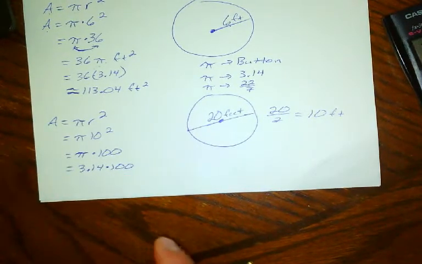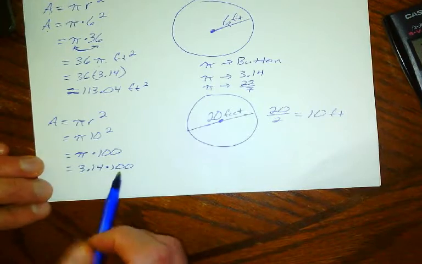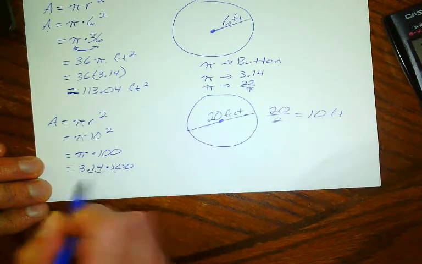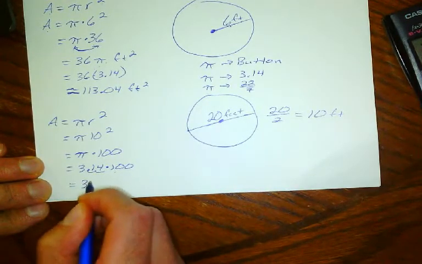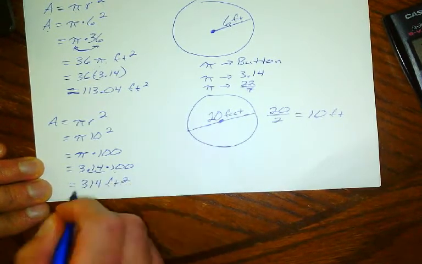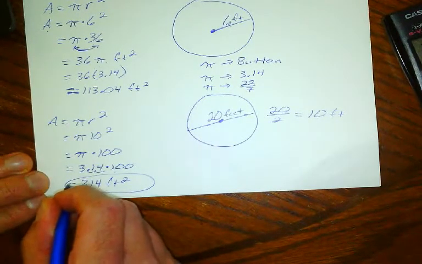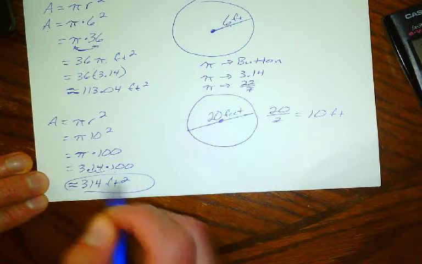Whenever you multiply by a factor of 10, or a multiple of 10, you move the decimal point. If you multiply by 100, you move the decimal point right two. So our area for this particular circle is just 314 square feet. That worked out nicely where we didn't even have to use our calculator. Oh, and that's approximate. Perfect.